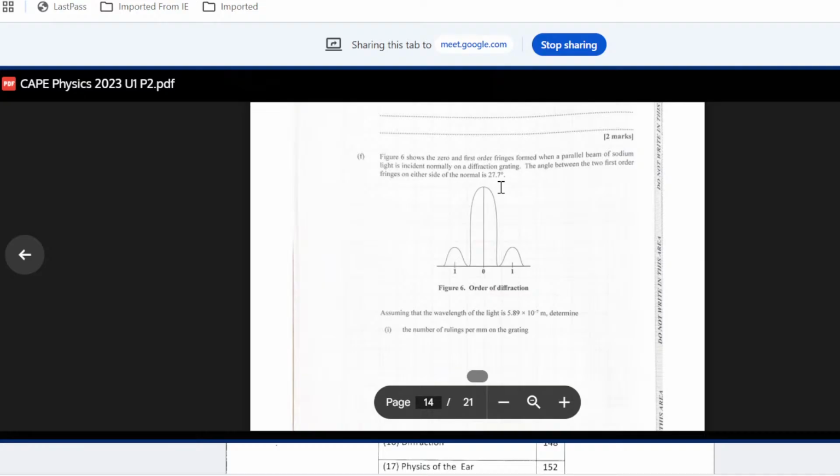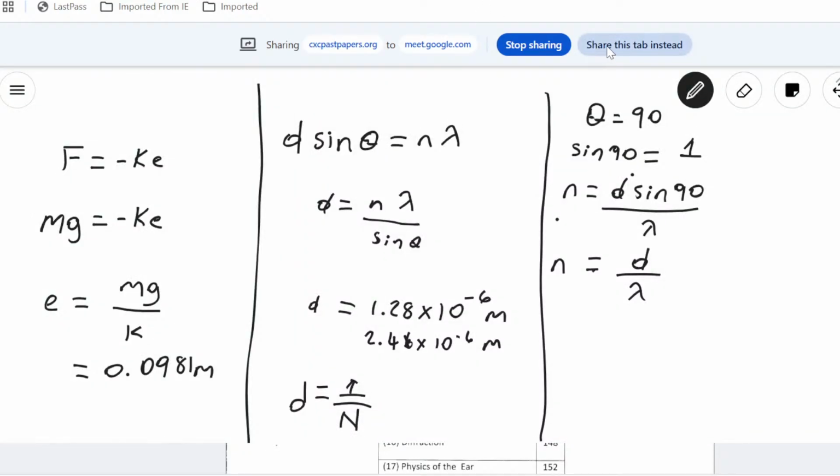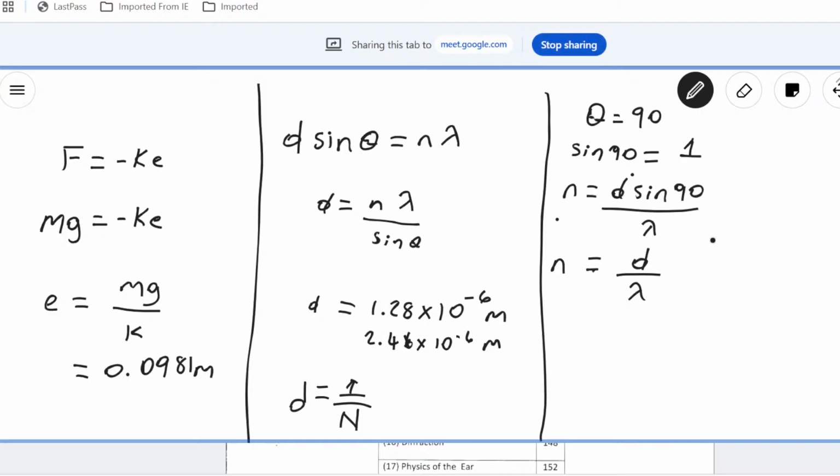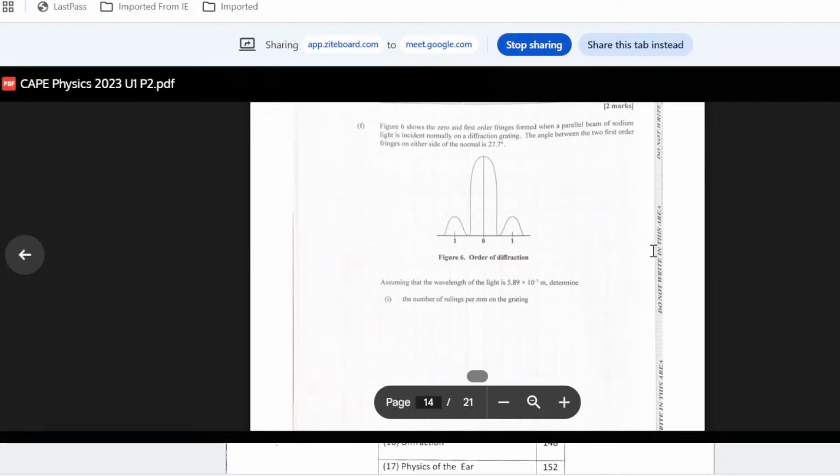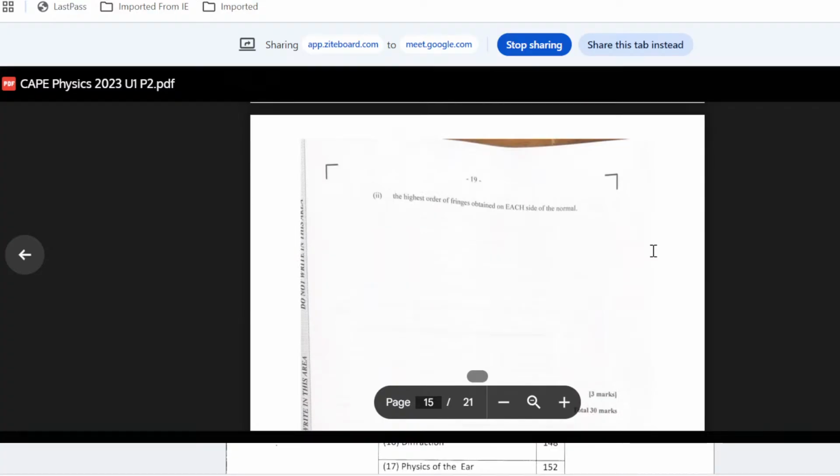Same, d sine theta equals n lambda. So we're trying to find n. Did we use d in meters or millimeters? In meters, as the wavelength is in meters.